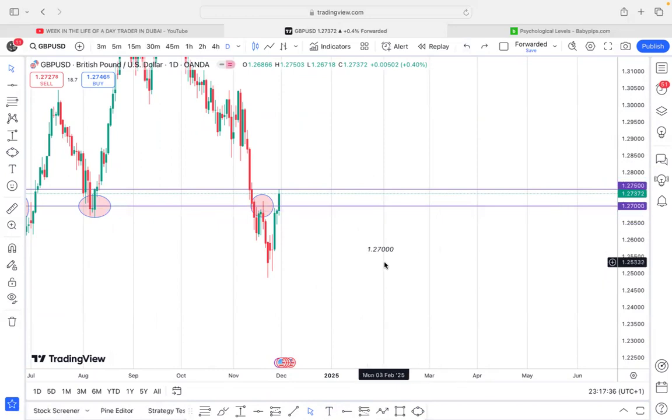Then let's say we add 50 pips to it. We know that our third decimal place is where our 50 pips is going to start from.